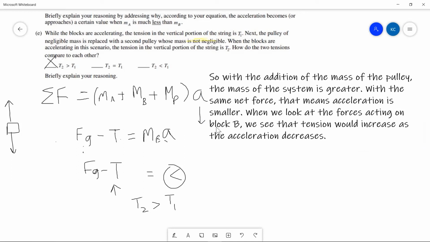When we look at the forces acting on block B, we see that tension would increase as the acceleration decreases. So this justifies our answer as T2 greater than T1.